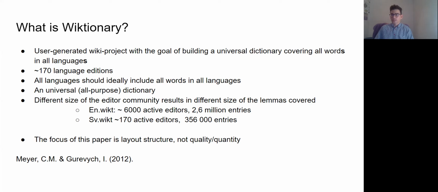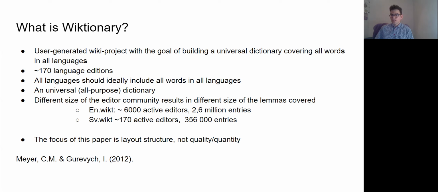Wiktionary also has the goal of being an all-purpose dictionary, that is, including all there is to say about the word, including its semantic, pragmatic, and formal properties, such as pronunciation and grammar, as well as etymology. Of course, because different editions have different sizes of the editor community, they also vary greatly in the amount of languages covered.